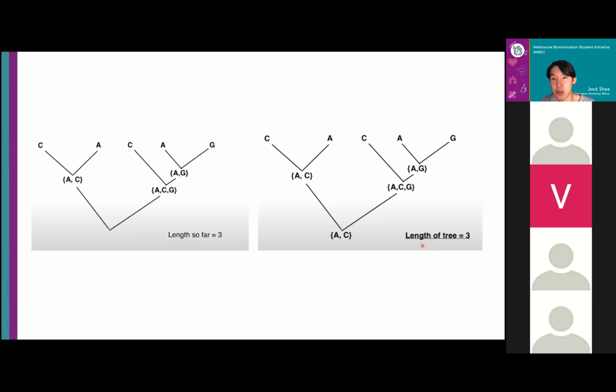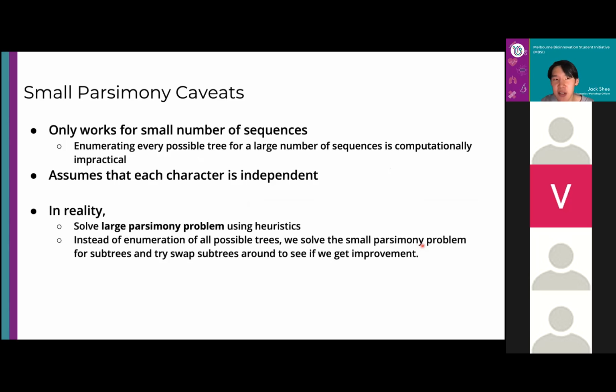And essentially what we do is we do this for all other combinations of the tree and pick the tree that produced the minimum score. So you can already see that this has some caveats. It only works for a small number of sequences because enumerating every possible tree for a large number of sequences is computationally impractical. It also assumes that each character is independent, meaning that the mutations all occurred independently.